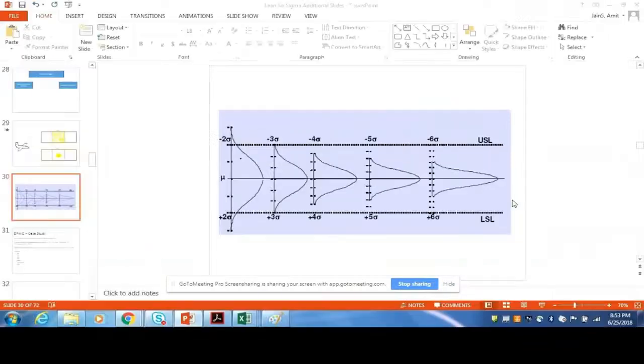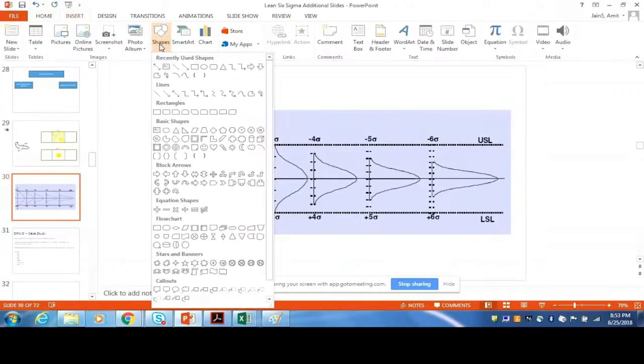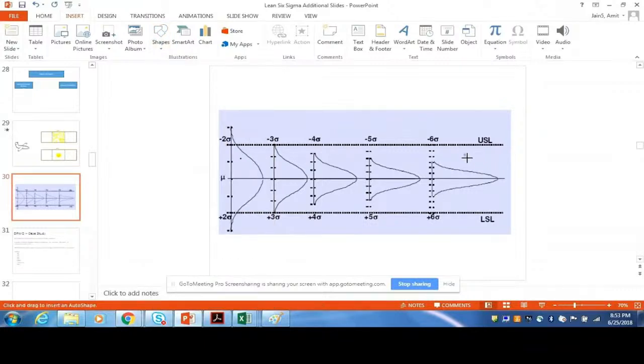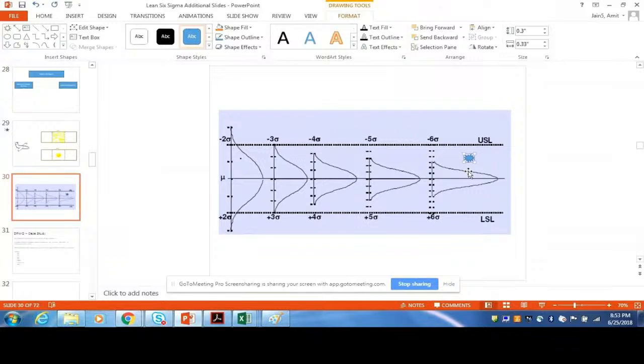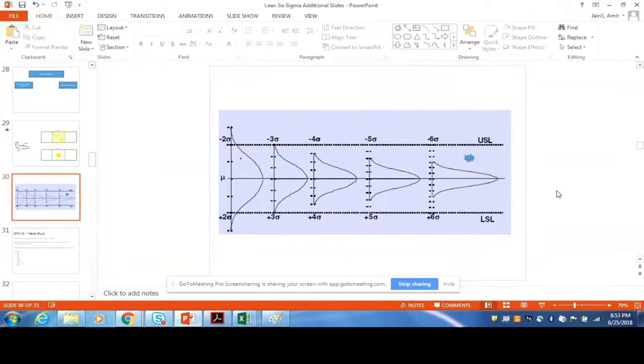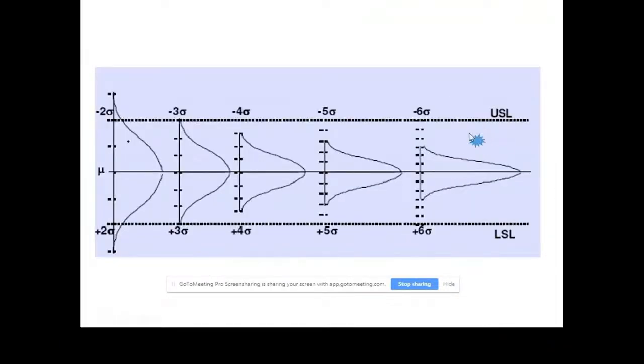Now, assuming there's a defect that is created, this is beyond the normal behavior of the process. It is a defect for your process.